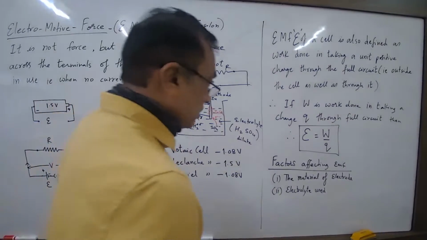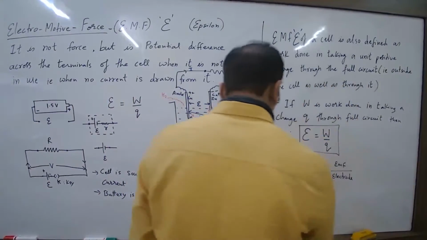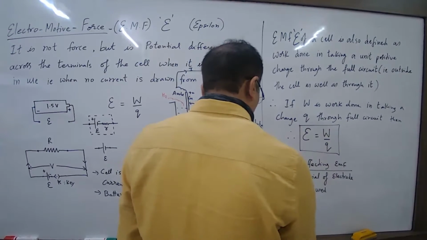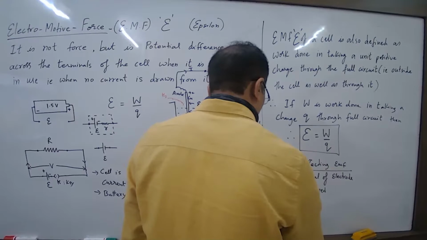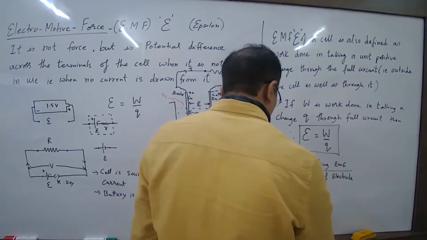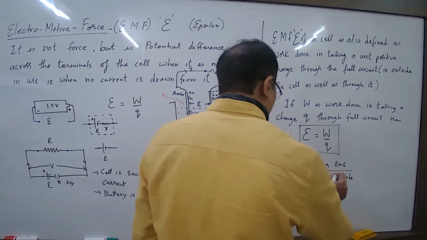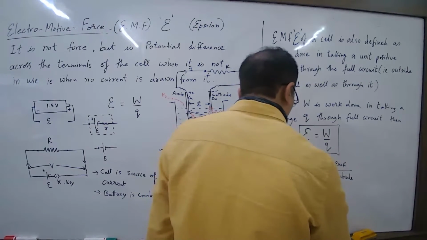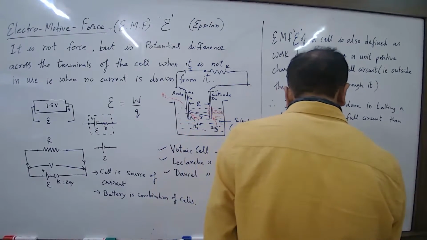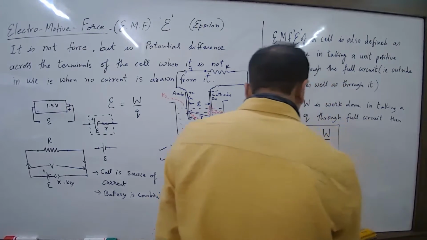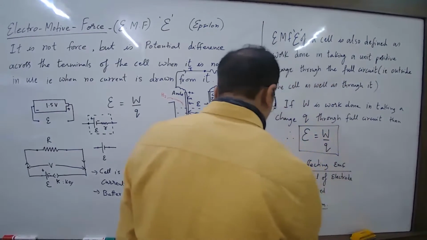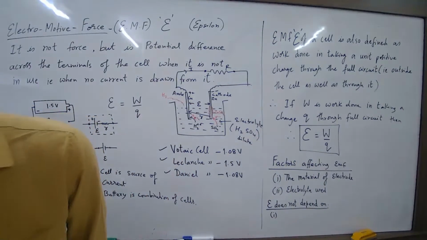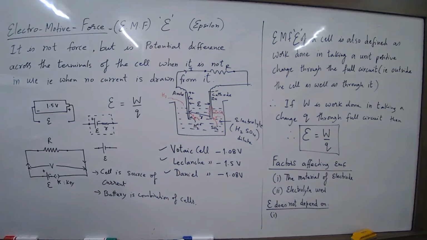So what are the things it does not depend on? It does not depend on the size and shape of the electrode. You have to write it word for word, okay?